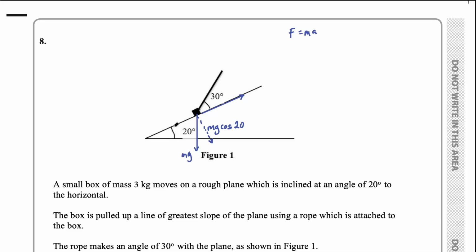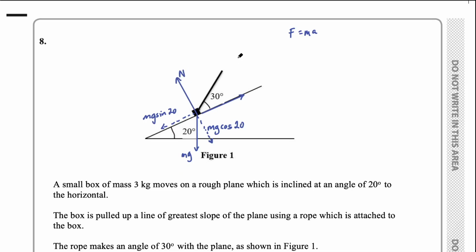And there will also be a part of this force acting parallel with the plane, and that will be in the downward direction, because the weight is pulling the particle down, and we know this is mg sine of 20. Okay, so then we have the normal force, so that's up here.